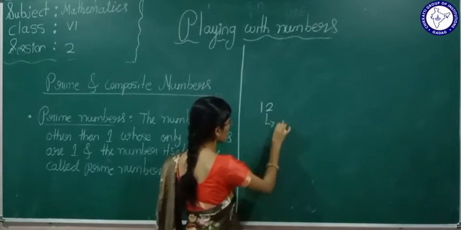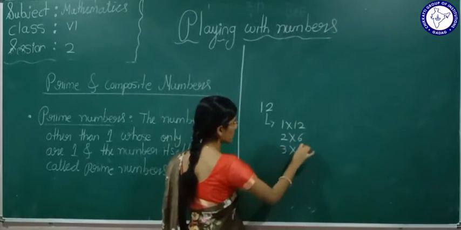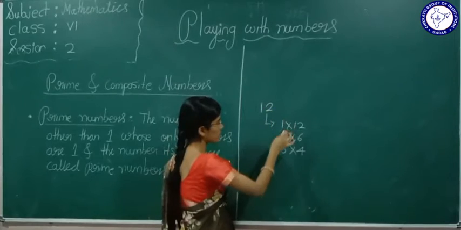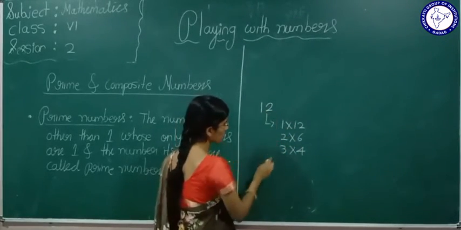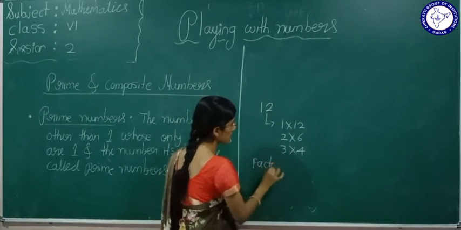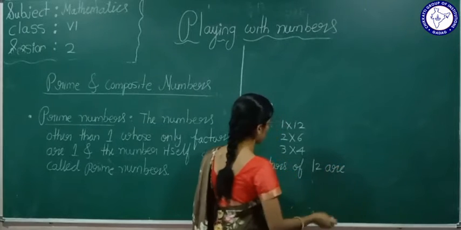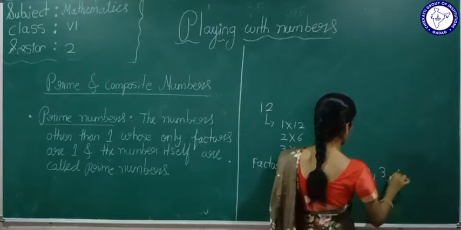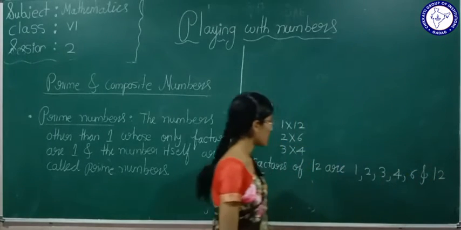I told you 1 12s are 12, 2 6s are 12, 3 4s are 12. Now the factors of 12 are 1, 2, 3, 4, 6 and 12.